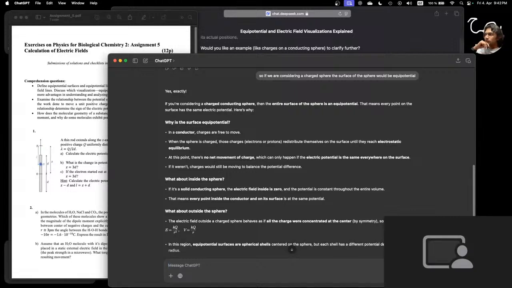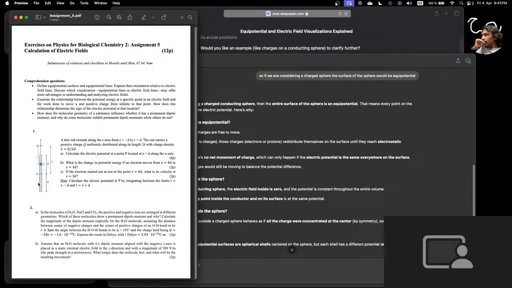Conductor charges are free to move. When the sphere is charged, these charges redistribute themselves on the surface until they reach electrostatic equilibrium. Oh, it's 43.